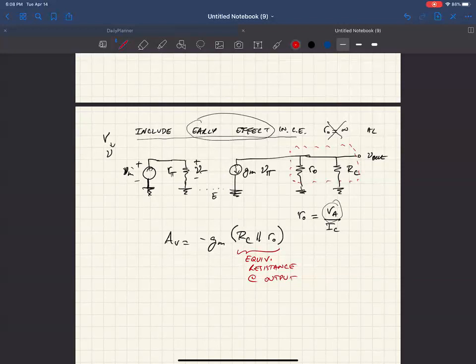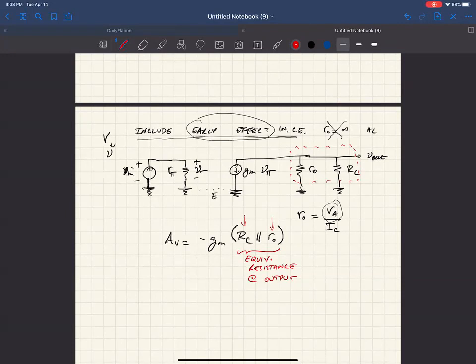So this R sub C is a resistor that you, as a designer, plugged in on the collector of the bipolar, and R sub 0 is just a part of that transistor that you got from the foundry, and that's sort of the characteristics.